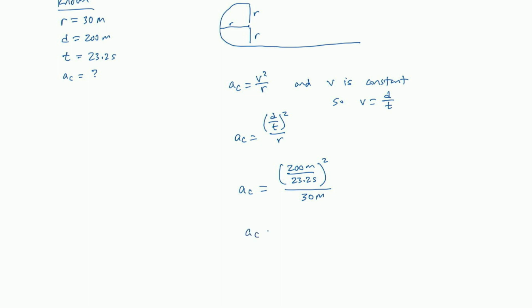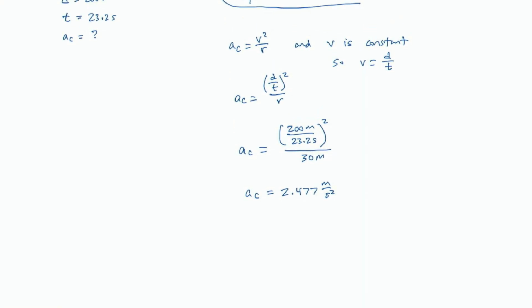I computed that, and I got 2.477 meters per second squared. So keeping two sig figs, because R has 1 or 2, we can say that A sub C is 2.5 meters per second squared.